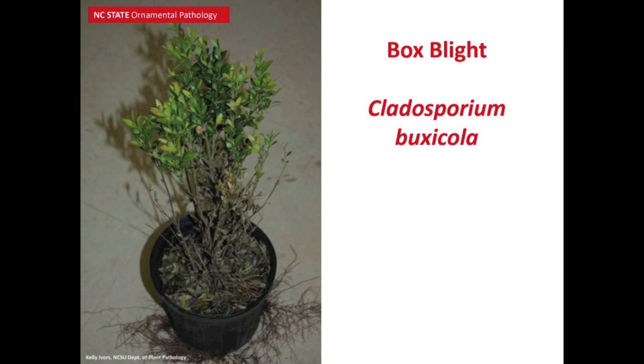It's caused by a fungus called Cladosporium buxicola. It seems to have a rather narrow host range, namely just pretty much on boxwood, but all the cultivars seem to be pretty susceptible. And so here's another occasion where it almost undoubtedly came on live plants from Europe, probably imported boxwood, and now it's another problem that our growers have to worry about.